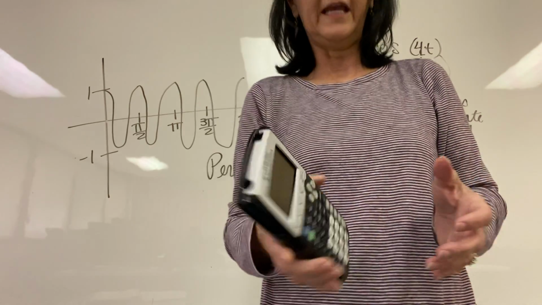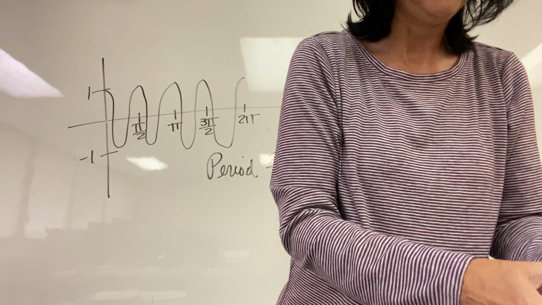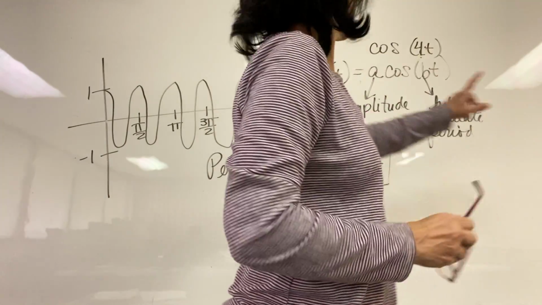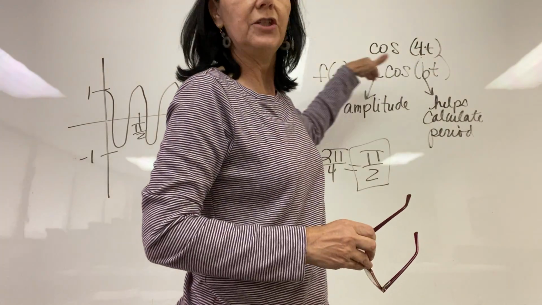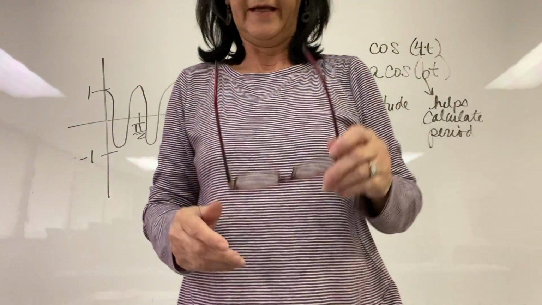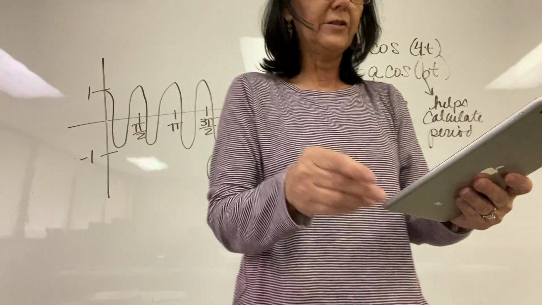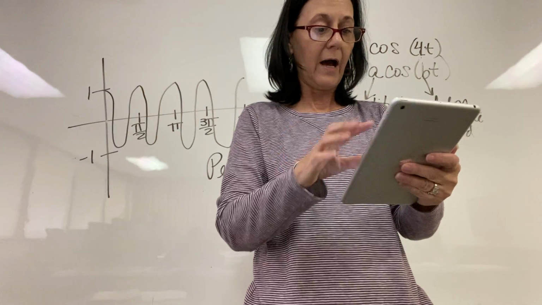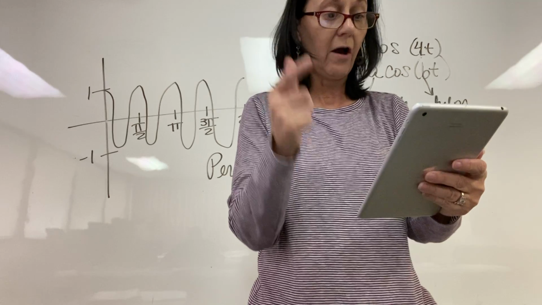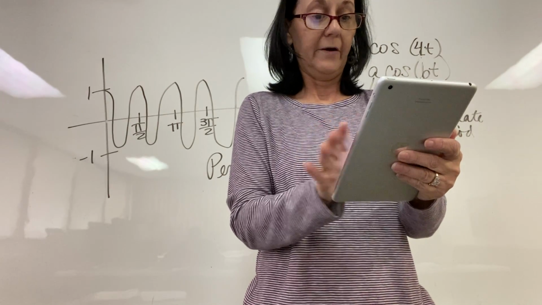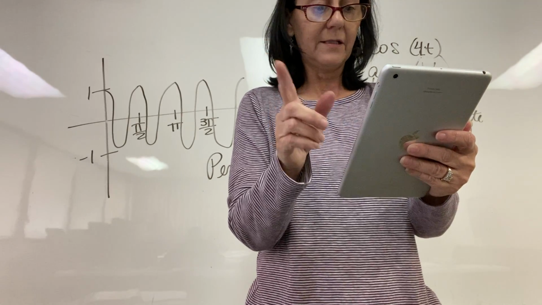And so we've changed the period. So this value changes the period. The B in here changes your period. The B value tells you how many cycles between 0 and 2 pi, and the B value helps you calculate the period. Makes sense so far?